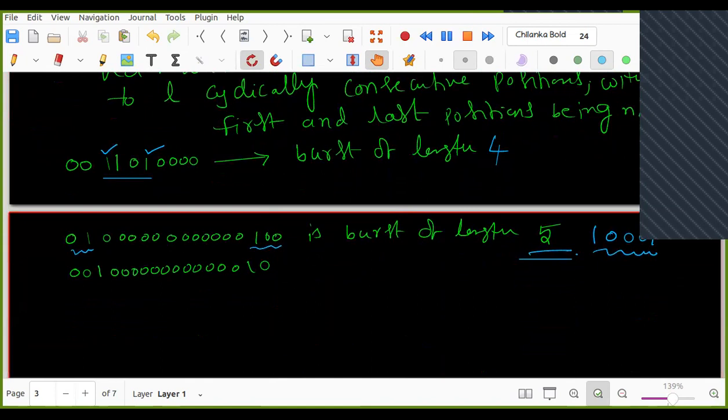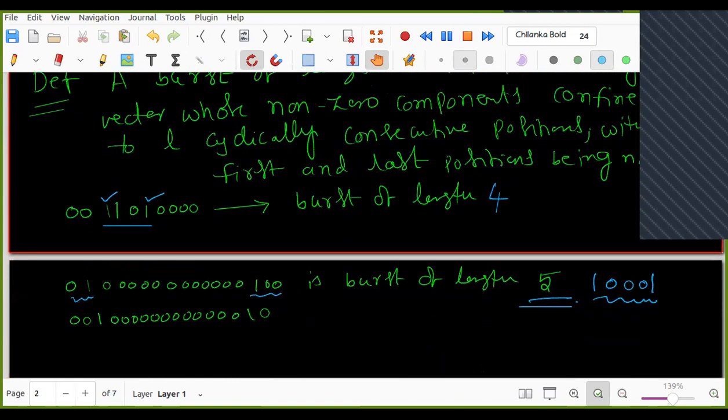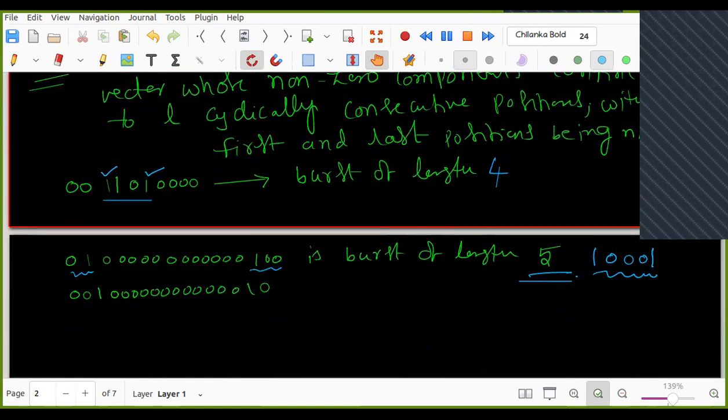Is it okay? I did not understand what you mean by L cyclically consecutive positions. Cyclically consecutive means after that again it is a cyclic shift. Consecutive means, for example, 0, 1, 0 is consecutive, 0, 1, 0, 0 is consecutive. In fact, the last 3 of 1, 0, 0 and then 0, 1 is also considered consecutive, but cyclically.